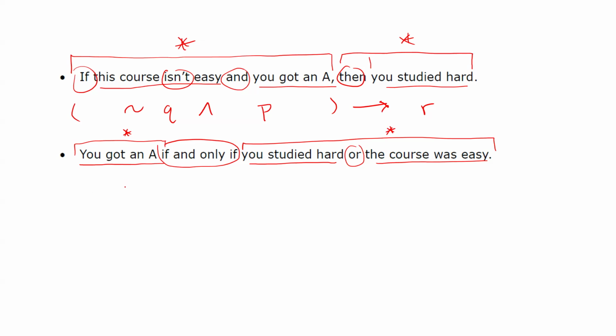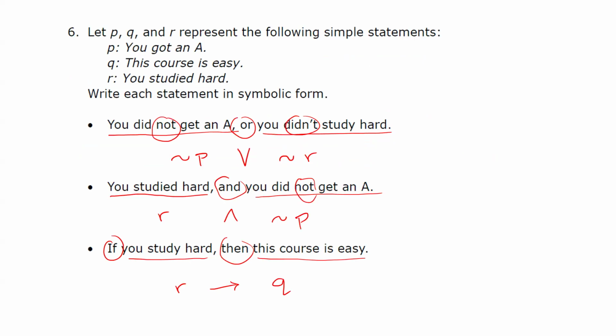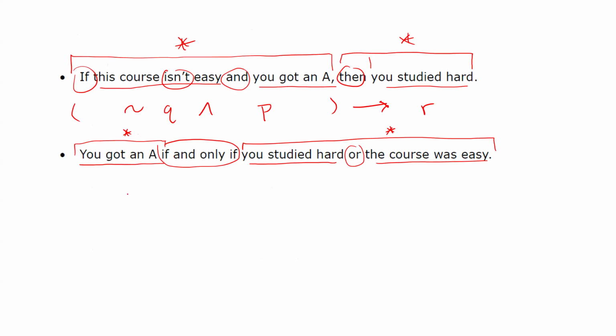So you got an A. So you got an A, if we go back, is P. If and only if is a double-sided arrow. Okay. You studied hard, that's R. Or the course is easy, that's Q. Awesome.